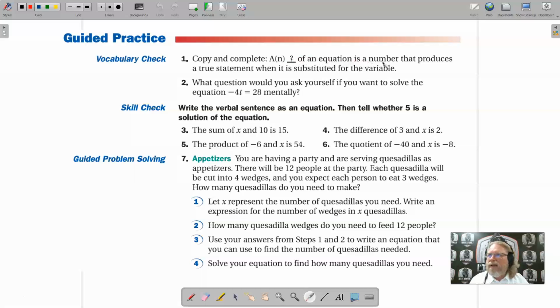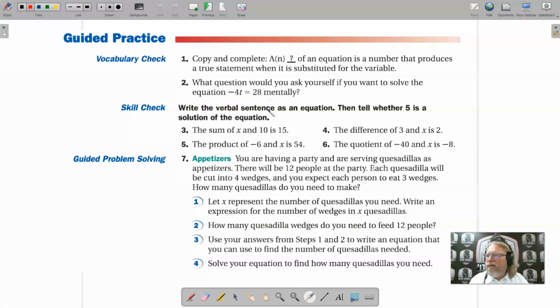What question would you ask yourself if you want to solve the equation negative 4t equals 28? Well, you'd ask yourself, negative 4 times what number equals 28? Because remember, for variables, we just say what number. And we don't actually have to solve it. They just say, what question would you ask yourself?